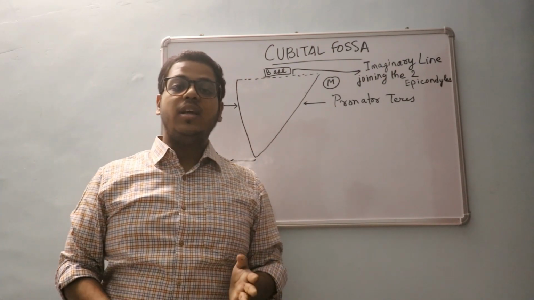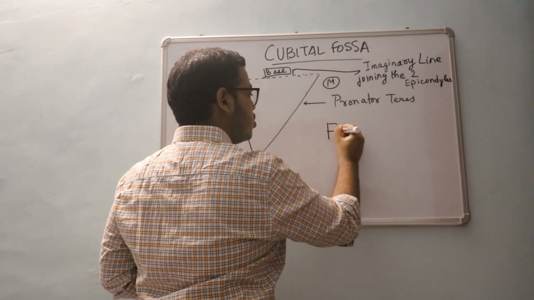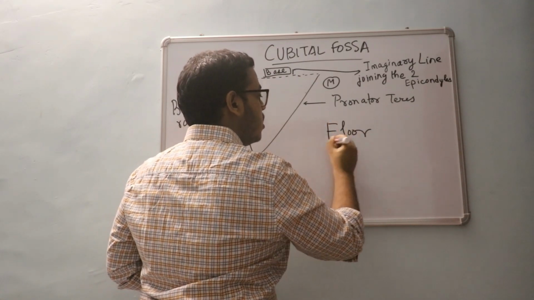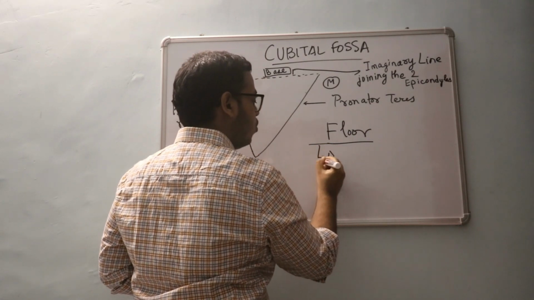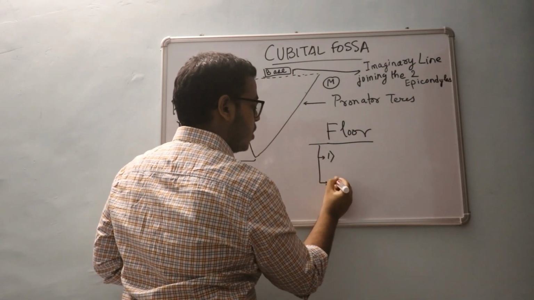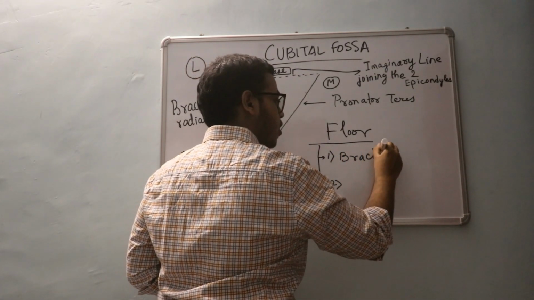What about the floor? I will not draw it as such. I will just mention that the floor is actually made up of two muscles. What are the two muscles? One is the brachialis muscle.